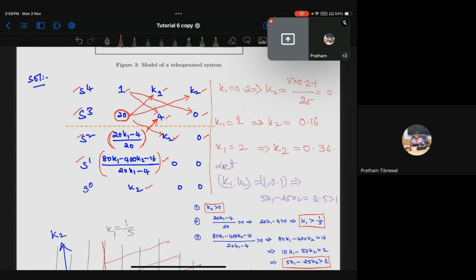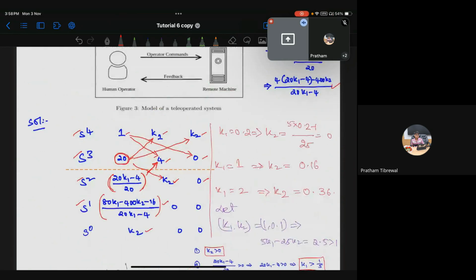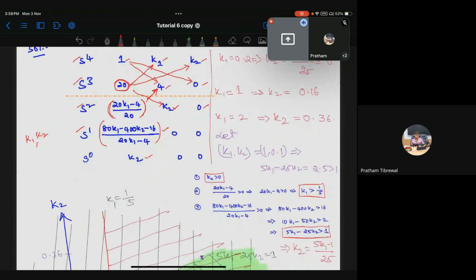Now you want to make your system stable. Unlike the previous problems where we have only one variable, which you can show on a single axis, a real line, now you have two variables, K1 and K2. What you do is follow the same way.